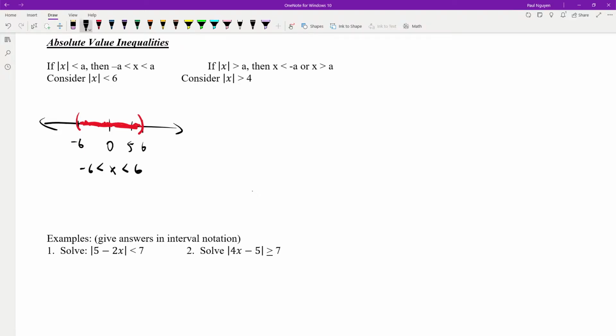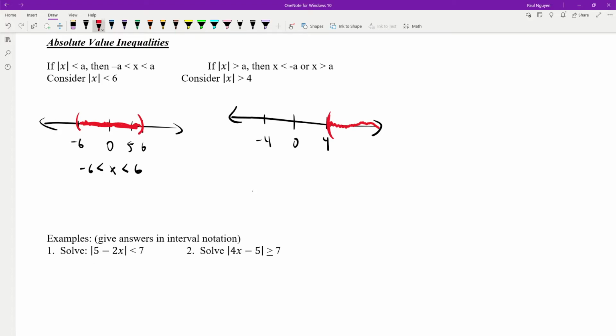If the absolute value is bigger than a number, then either the number is less than negative a or bigger than a. Let's look at the absolute value of x is bigger than 4. When is that true? Well, here's 4, here's 0, here's negative 4. Any number that's bigger than 4, the absolute value will be bigger than 4, not including 4, because the absolute value of 4 is 4.